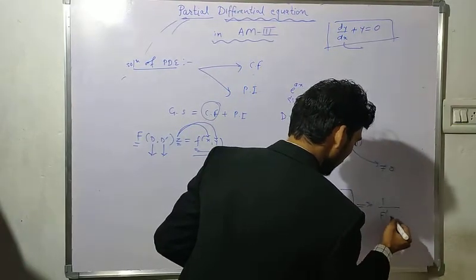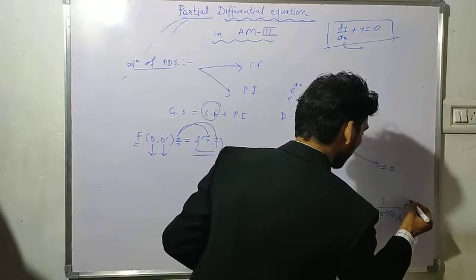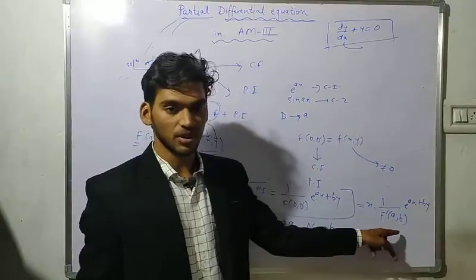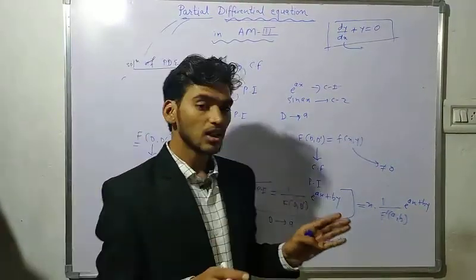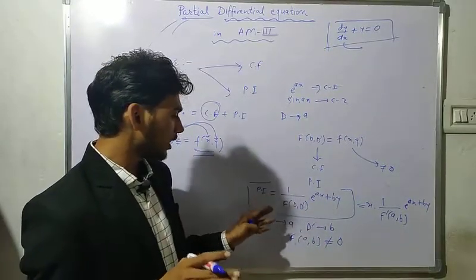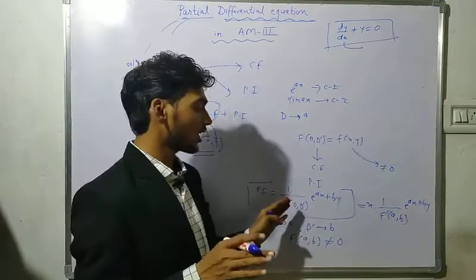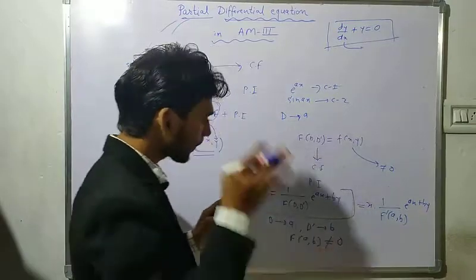So it is F dash of a, b into e to the power ax plus by. Differentiate and then replace with a and b. So that is the procedure that we have already learned in first year engineering. And in today's lecture, the different cases of PI that we will discuss are not different from the previous ones.